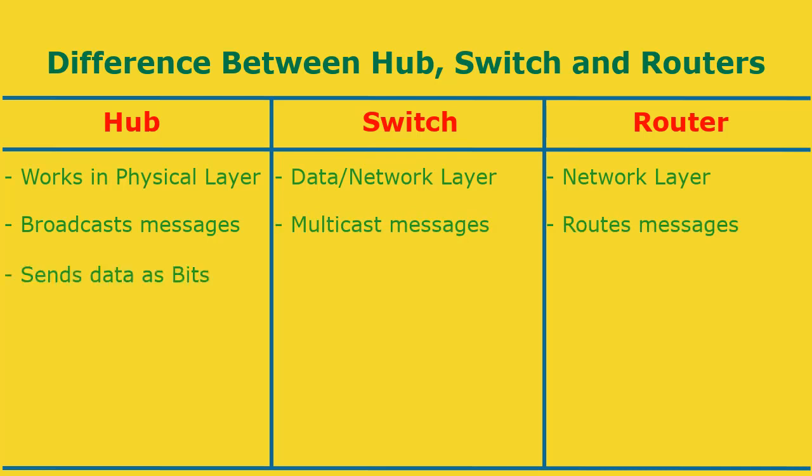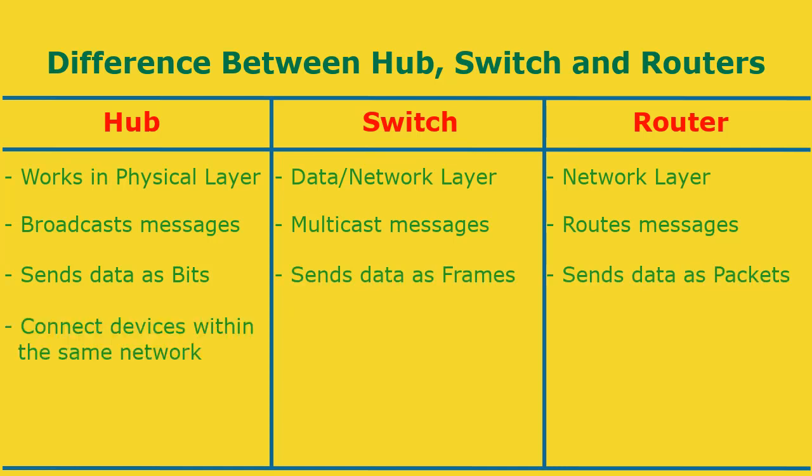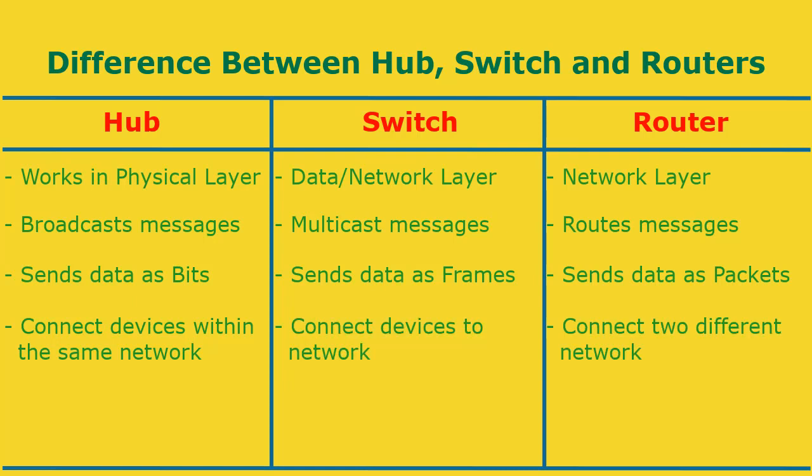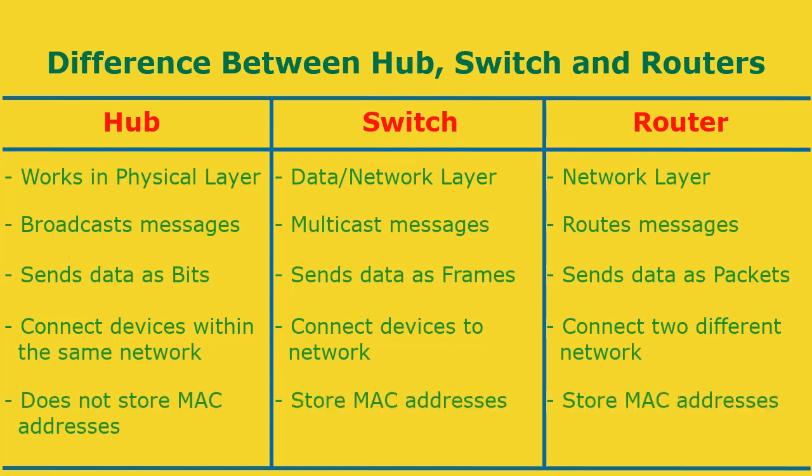A hub sends data in bits. A switch sends data in frames. And a router sends data as packets. A hub is used to connect devices within the same network. A switch is used to connect devices to a network, while a router is used to connect two different networks. A hub does not store MAC addresses locally, while both switch and router do store the addresses.